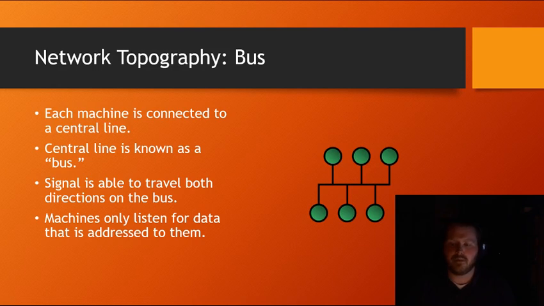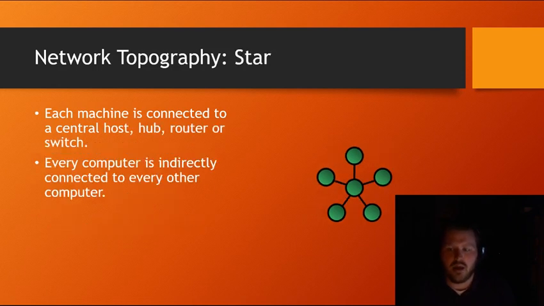A star is another type of network. As you can see here, each of the outer spokes, or individual computers, is connected to a central hub. So the computers don't communicate to each other necessarily, but they do communicate through the central area.